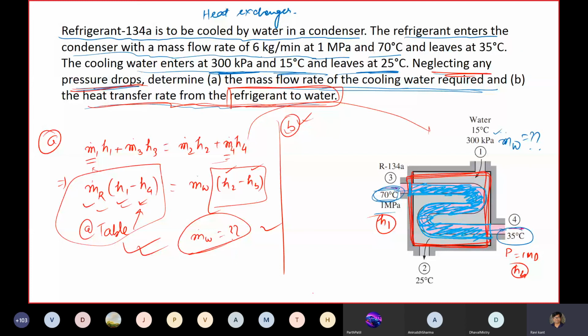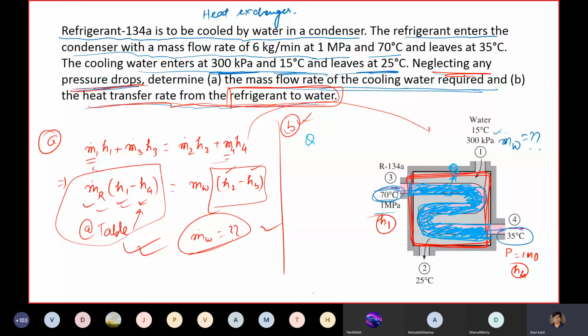Because when the red part is your control volume, you will not actually see this happening, because you cannot see what is happening inside the control volume. But now since your control volume is limited to the refrigerant fluid, you are able to see Q being transferred across the control surface.